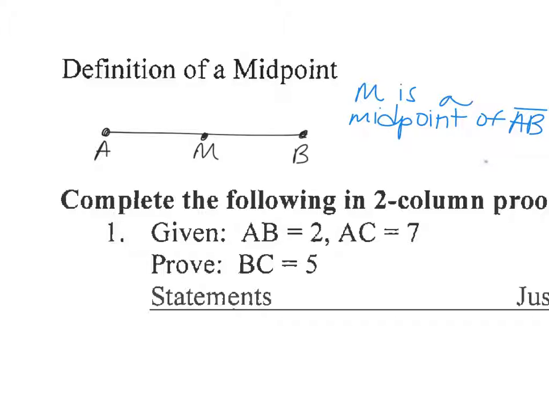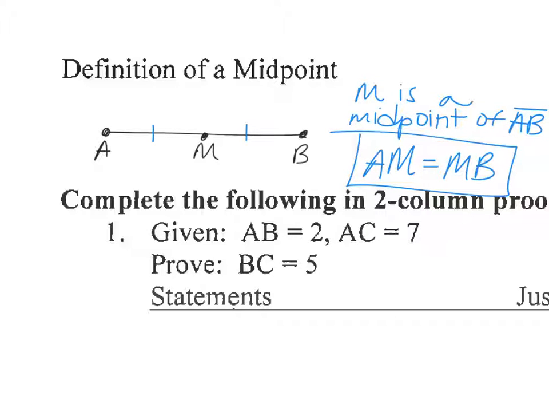If M is a midpoint, then it's cutting that segment in half. So AM is equal to what? MB. And you would mark those congruent, so put the little slashes. AM equals MB. If you're told something is a midpoint, that's what you should go to right away, that the two parts are equal.